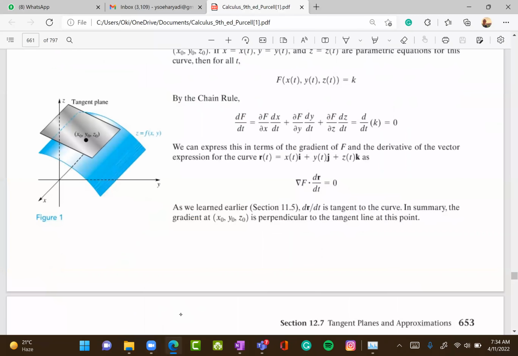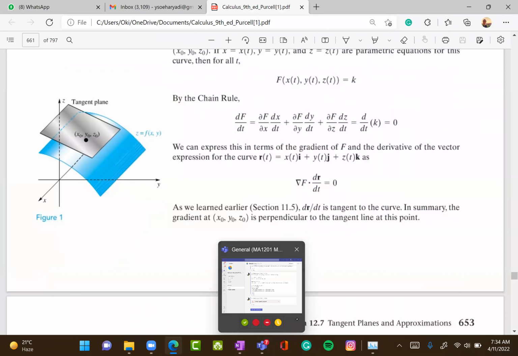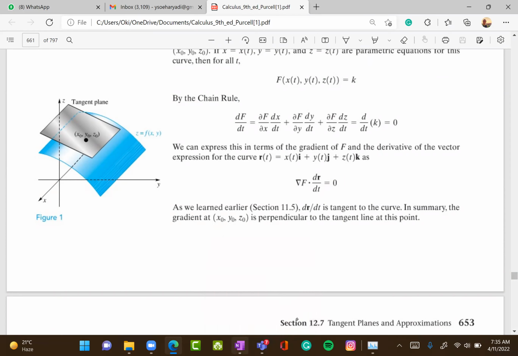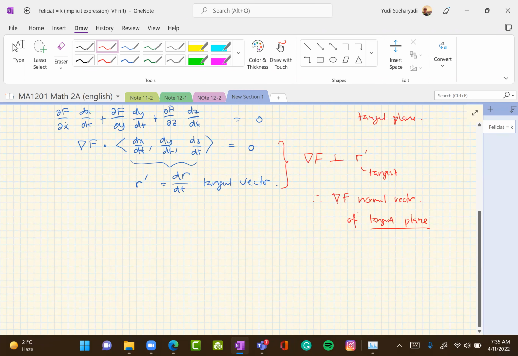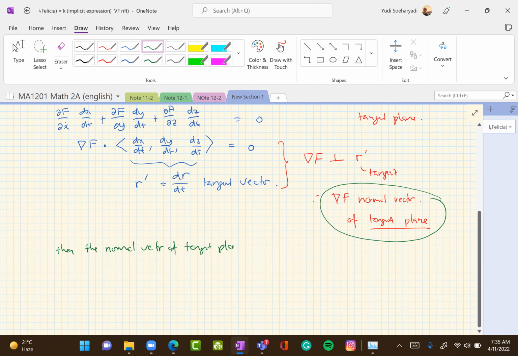So the gradient is nothing but the normal vector of the tangent plane. So we know the equation for the tangent plane. How do we get it from this fact? What is the equation for the tangent plane? The components are the gradient of f.